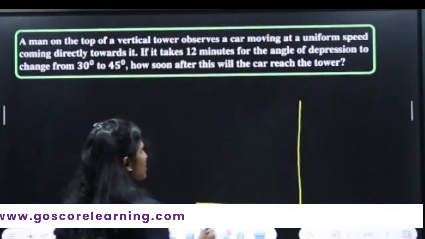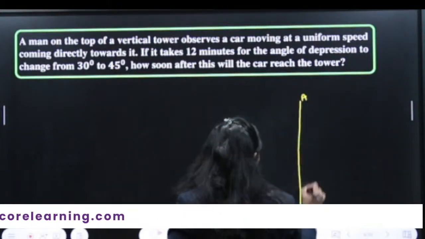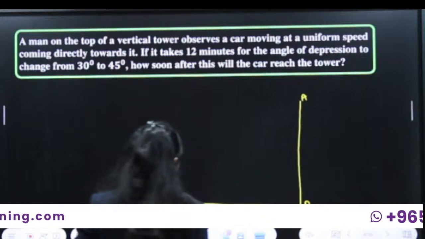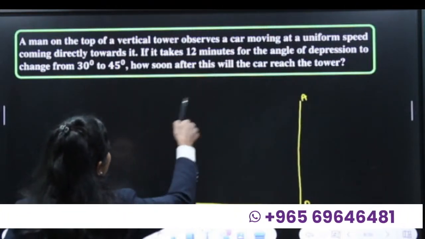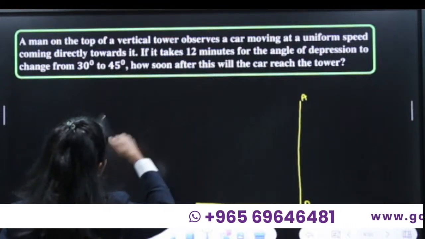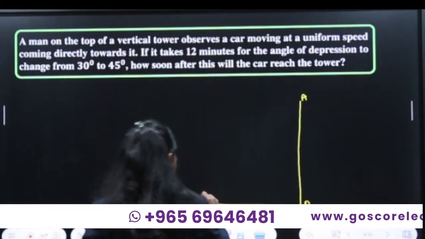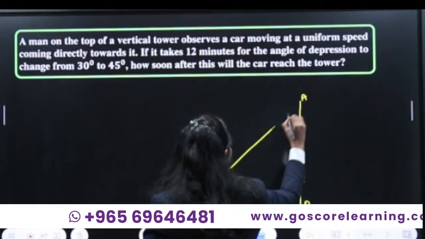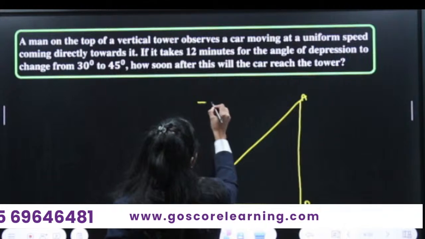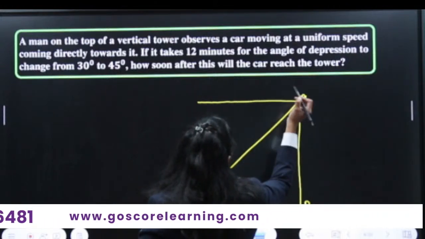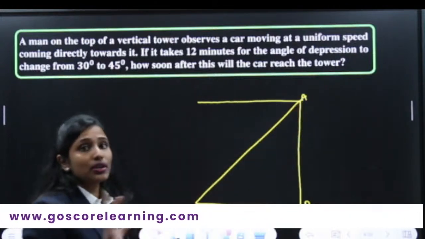So this tower's name is AB. The car's first position is C. Then the angle of depression is 30 to 45. So first it was 30, then we changed it to 45. Whenever you draw the angle of depression, you have to draw a horizontal line.